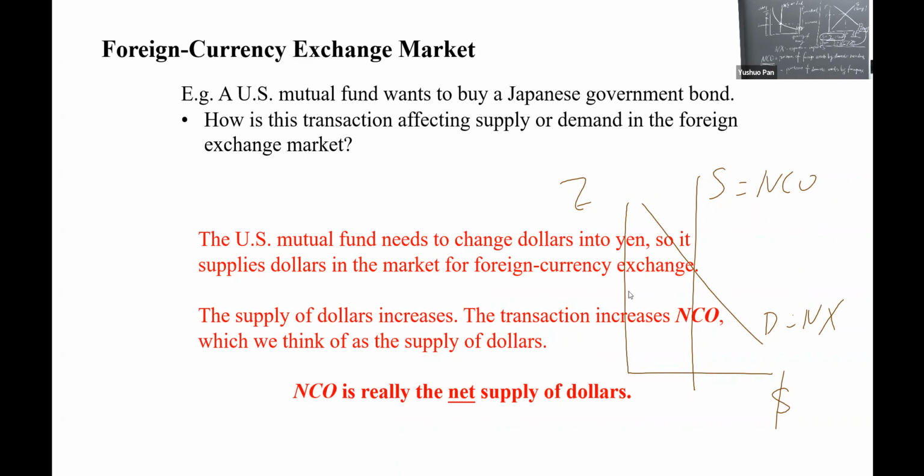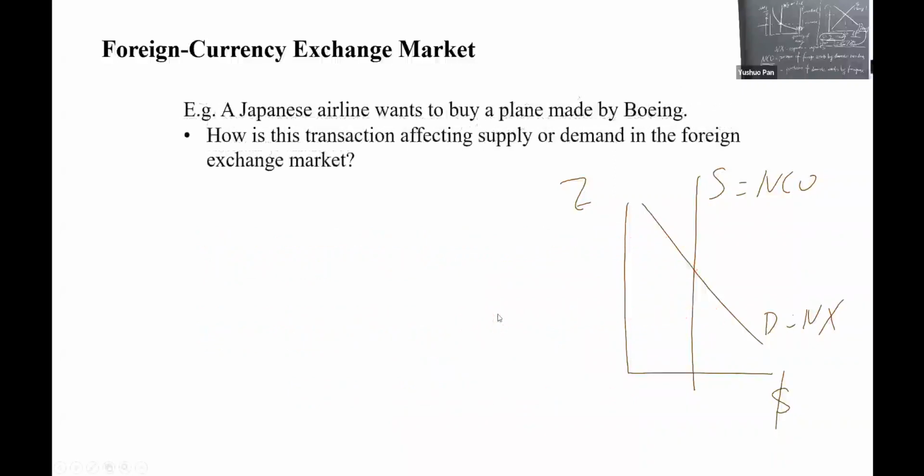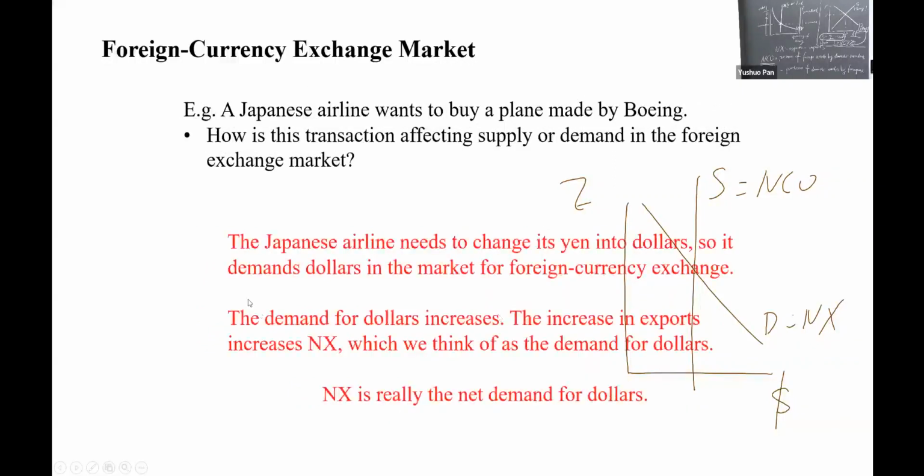All right. Again, this is outside of the United States, the foreign currency exchange. What about this one? The Japanese airline needs to exchange its yen into dollars because the Japanese need to buy some stuff, right? The Boeing is a good, not an asset. So for a good, that will influence the net export. If the Japanese airline needs to exchange its yen into dollars, it demands dollars in the market for foreign currency exchange.